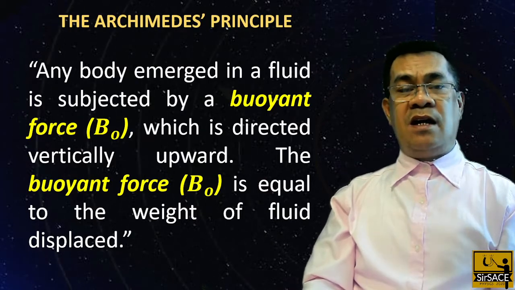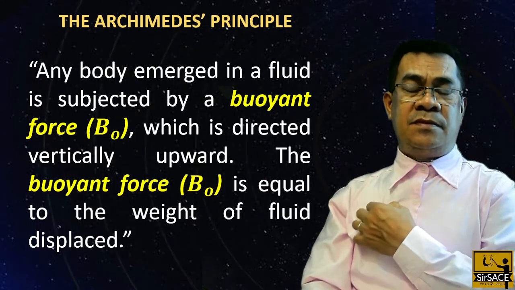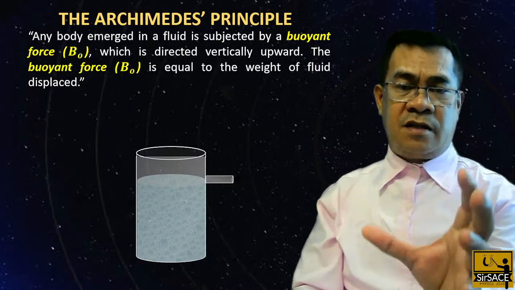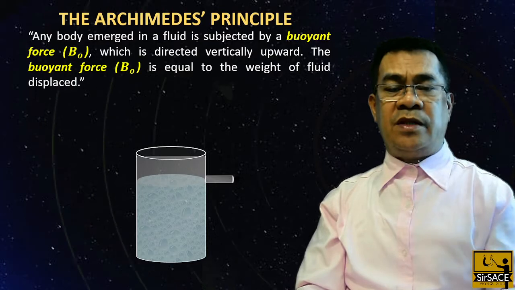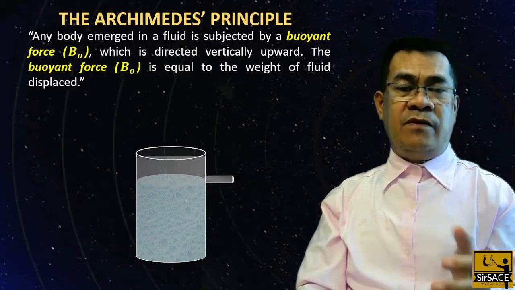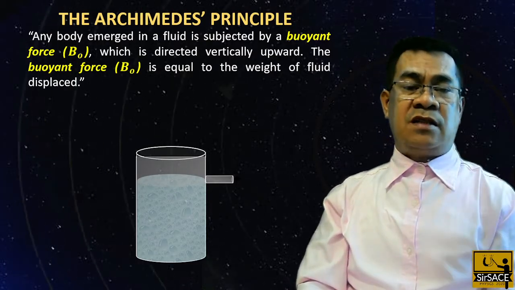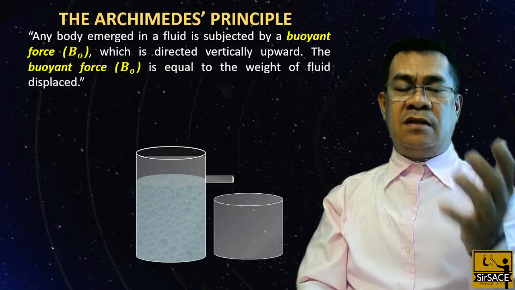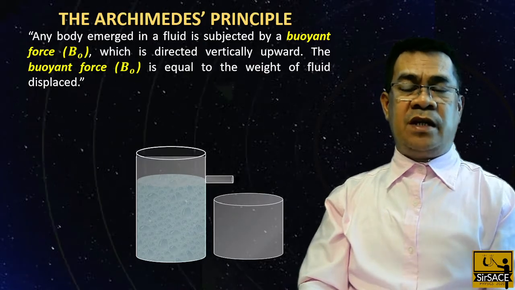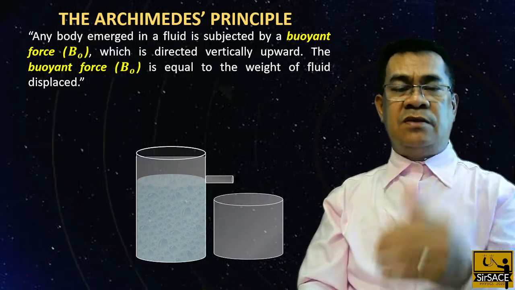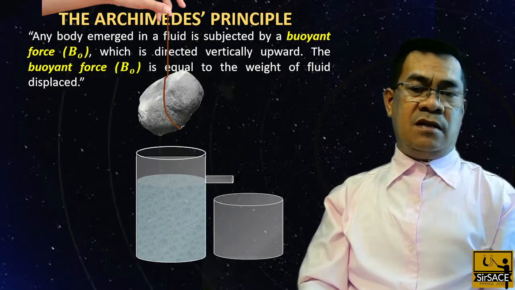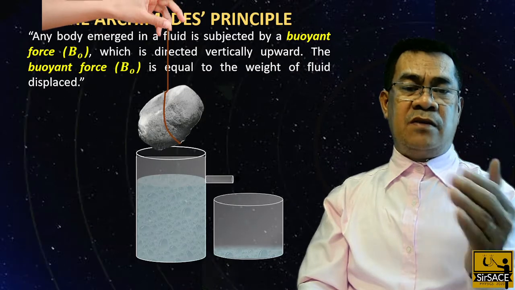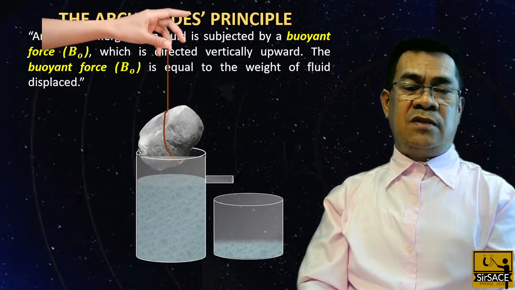This is the Archimedes principle. For example, we have a container that contains fluid, and at the level of the fluid we have an overflow outlet pipe. We place another container to collect the overflow, so any object submerged in the fluid will cause overflow to be collected from the outlet into the container.